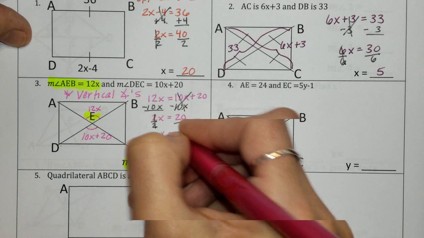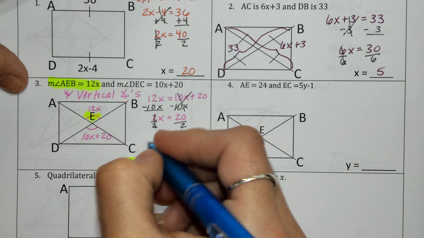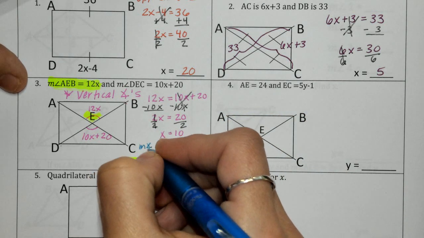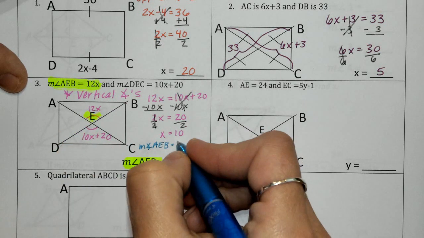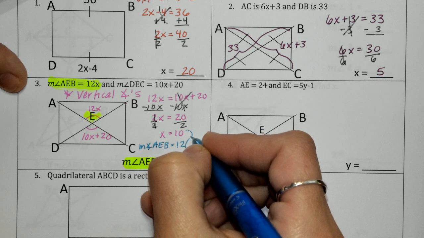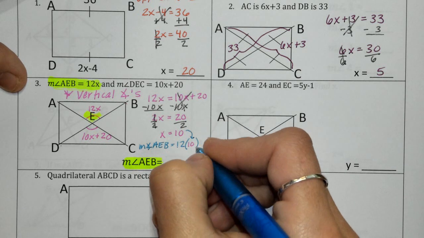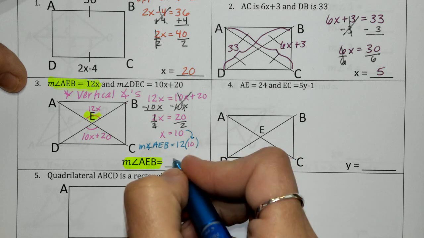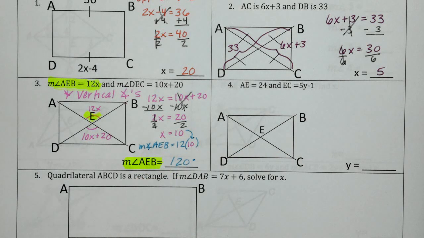X is going to come out to be 10. Now, that's not what we wanted, remember? So we're going to substitute back in. We know that the measure of angle AEB right here was 12x, so we're going to remove x, and we're going to substitute in for x. And we're going to find the measurement is going to be 120 degrees. Okay, so just solving vertical angles and substituting in.